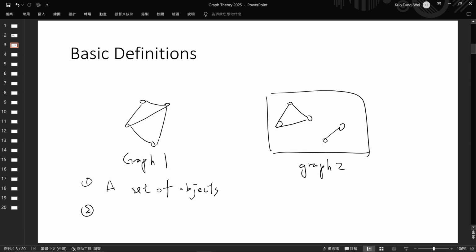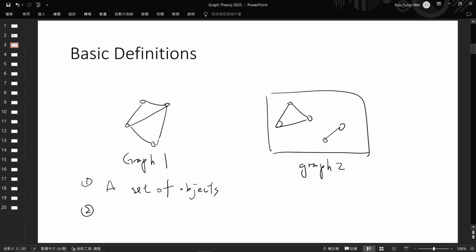So after we have the set of objects, we then need to find the relationship between objects, okay? So for social networks, this can be friendship, okay? Or for the internet, this can be a hyperlink between different web pages, okay?